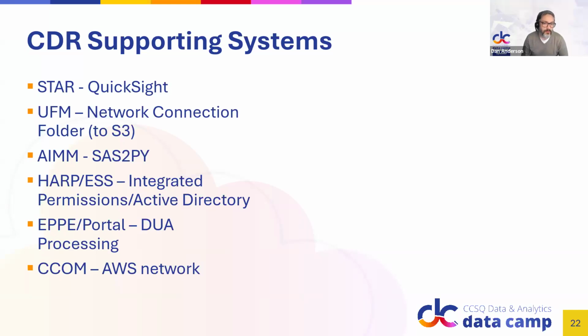So the EPI and the data and analytics portal have an integrated process that automatically processes your data use agreements and distributes the rules appropriately to ensure that other systems grant you proper access to the data that you ought to be accessing, and ensures that you're not accessing data that you shouldn't be. And finally, of course, CCOM helping us with all of our AWS networks.